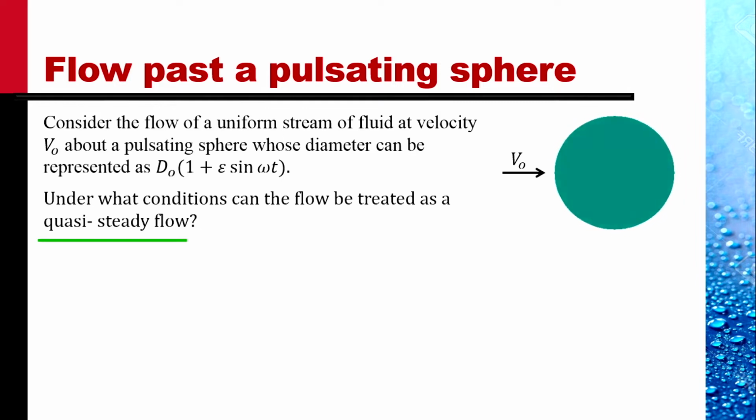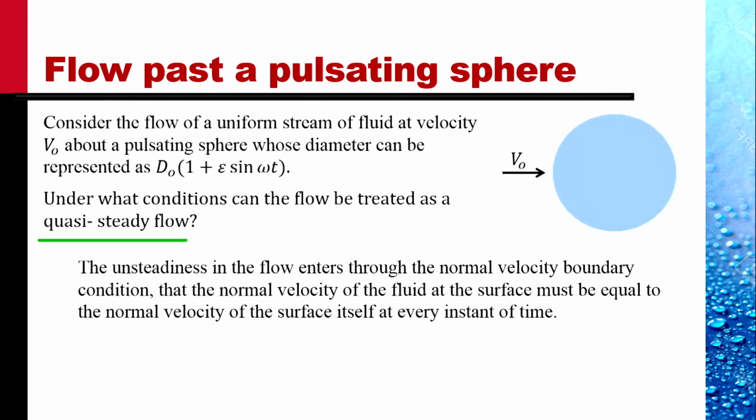That is, the normal flow at the surface of the sphere is equal to the velocity of the surface, or the diameter is as it is. The unsteadiness in the flow enters through the normal velocity boundary condition: the normal velocity of the fluid at the surface must be equal to the normal velocity of the surface itself at every instant of time.